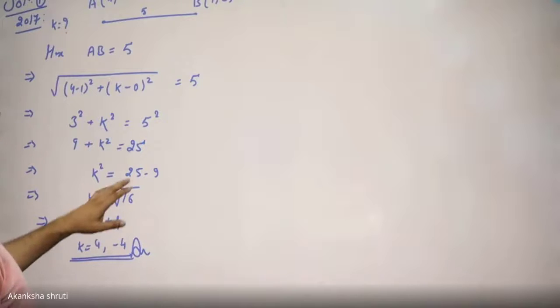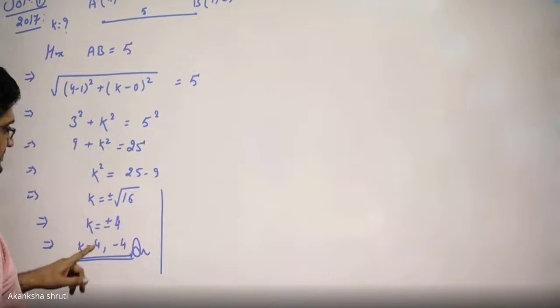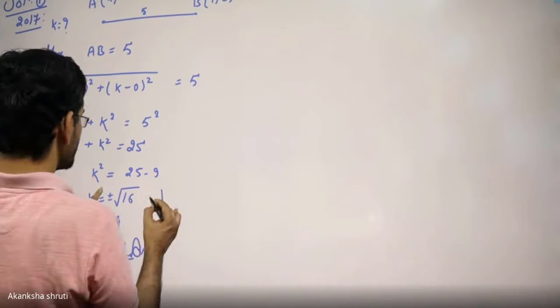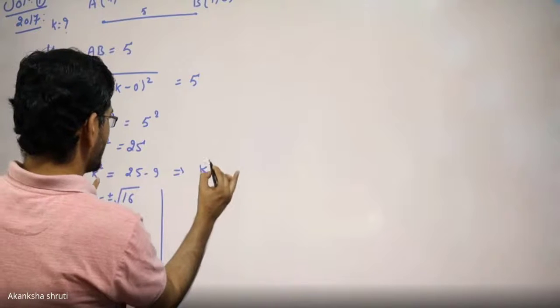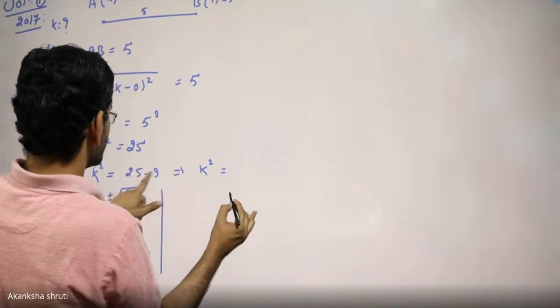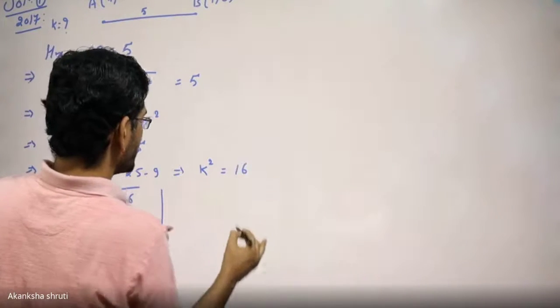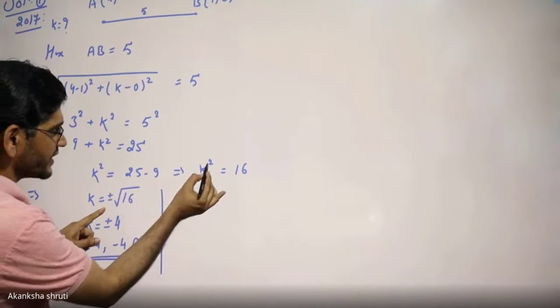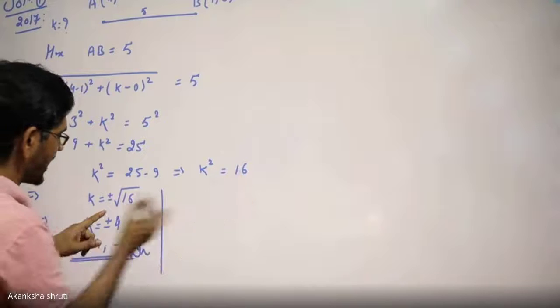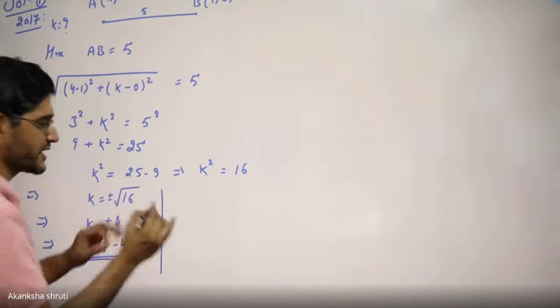Students, many a time students get confused in solving this. Why these two values? Keep in mind, here K squared is 25 minus 9, which is 16. For getting K, if we are sending this square to the other side as a square root, both positive and negative can be taken.